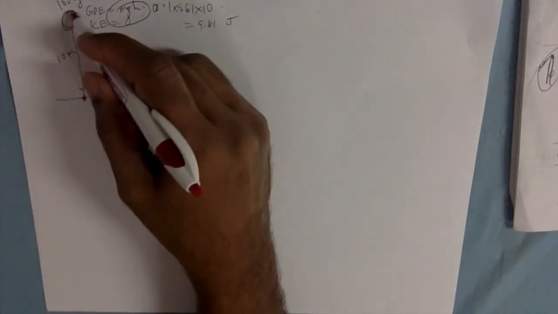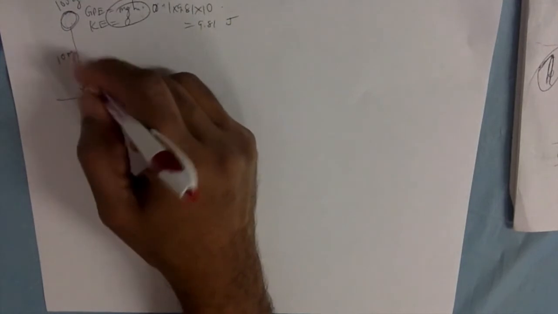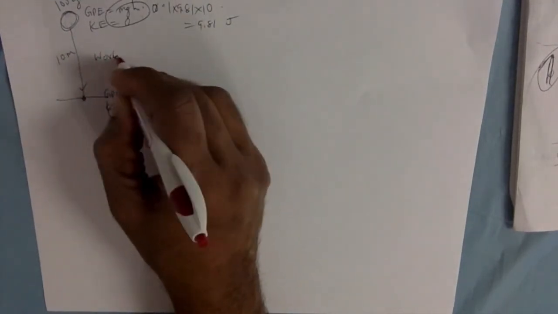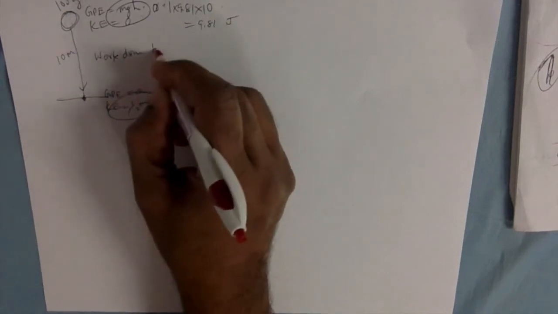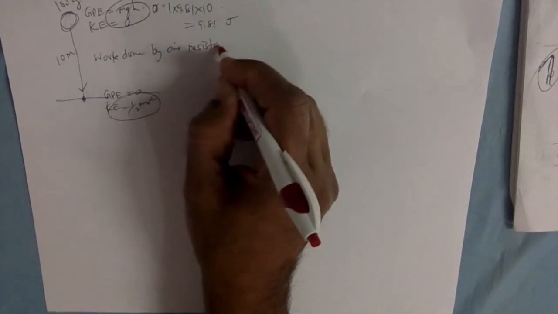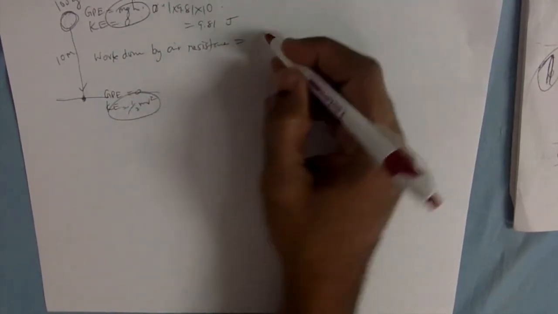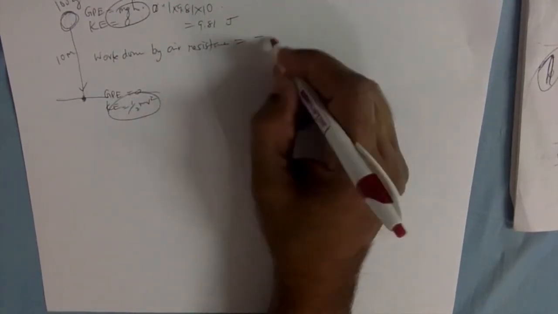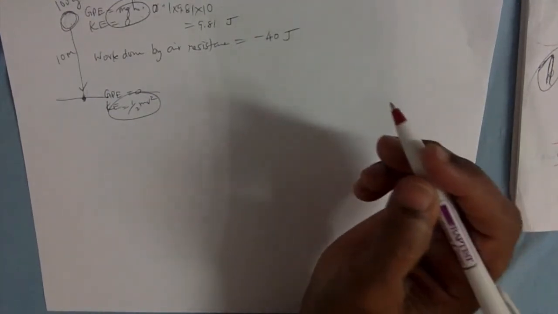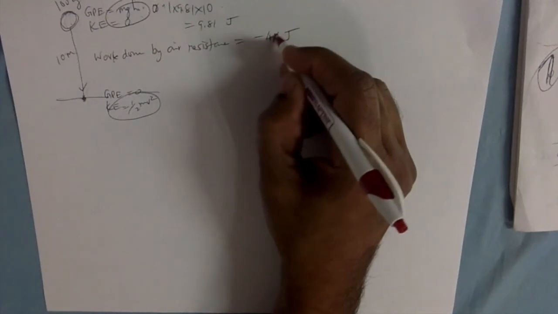Suppose as the ball is coming down, air resistance is doing work, and the work done by air resistance is equal to negative 4 joules.